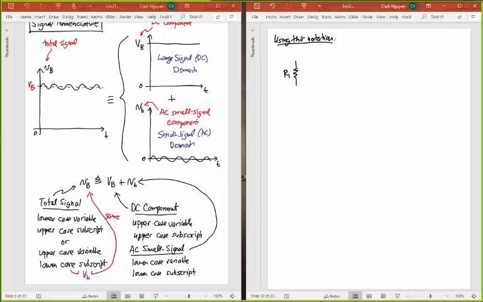I'm going to have that resistor still RB. And instead of just drawing a little v, big B, I'm going to split it up into its little v, little b, and its large DC component, big V, big B. And this now is going to be put across my nonlinear resistor.